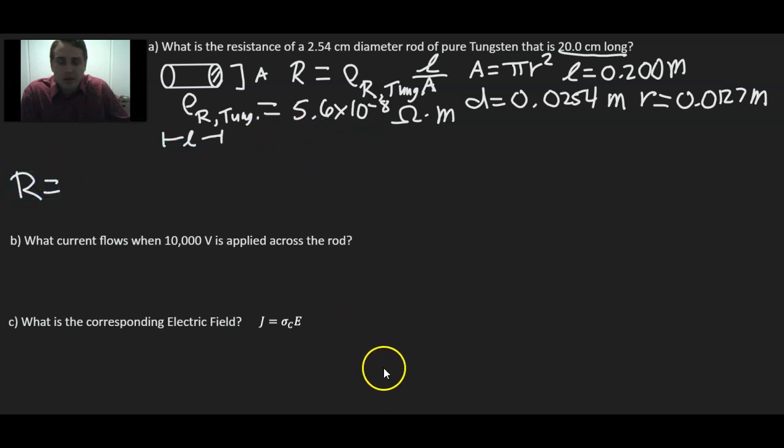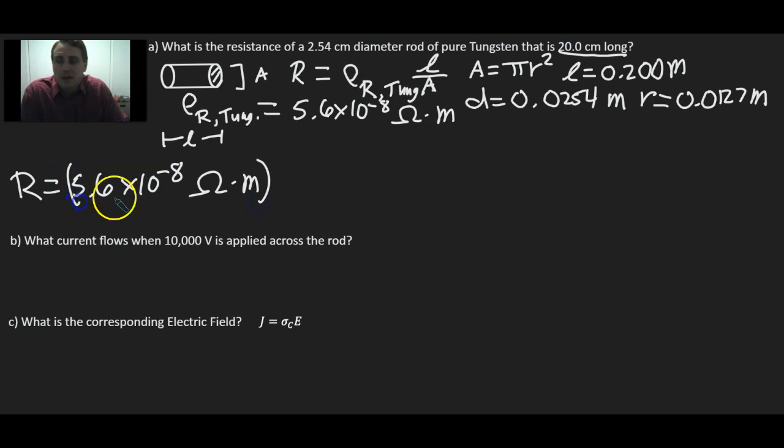Okay, so let's now put the numbers into this calculation. So this is 5.6 times 10 to the minus 8th ohm meters, that's the resistivity of tungsten, times the length of this resistor.